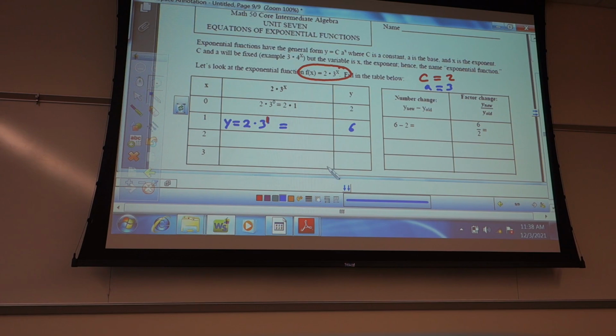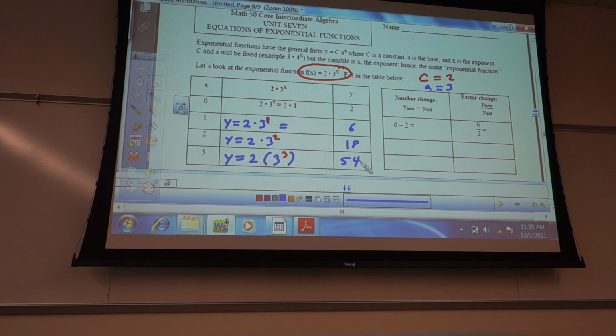Let's try when x is 2. y equals 2 times 3 to the second, so 3 squared is 9 times 2. My y would be 18. When x is 3, y equals 2 times 3 to the third. 3 to the third is 27, times 2 is 54.